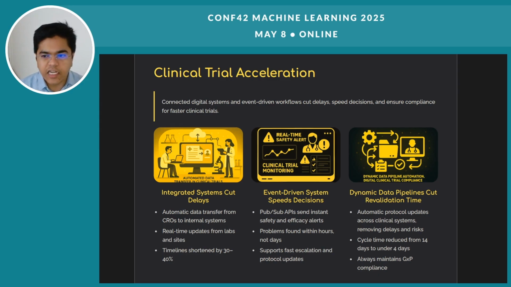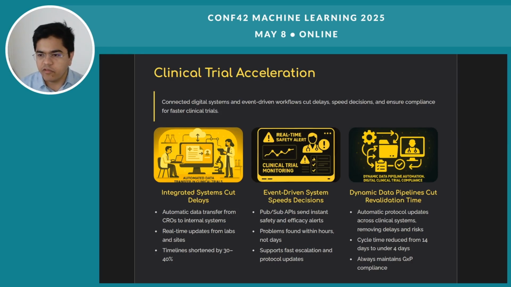Otherwise we don't get the data in real time and it causes lots of additional delays. With this architecture implemented directly with CROs externally and with our internal systems, it cut delays by 30 to 40%. It also helps make decisions faster, so scientists can look at the clinical trial data that comes from the CRO system.